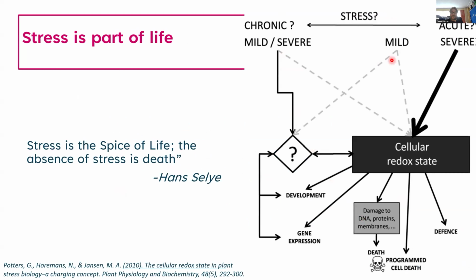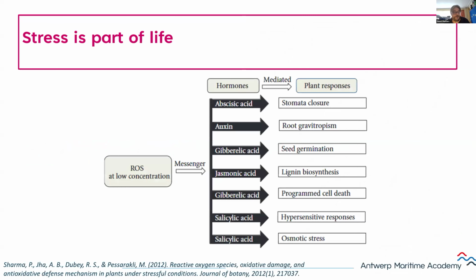Stress is a way of a plant to adapt to life, to make sure that it stays alive. And again I quote Hans Selye, stress is the spice of life. Death is not caused by the presence of stress, it's caused by the absence of being able to feel stress, because then you can't adapt and then you will die after all.